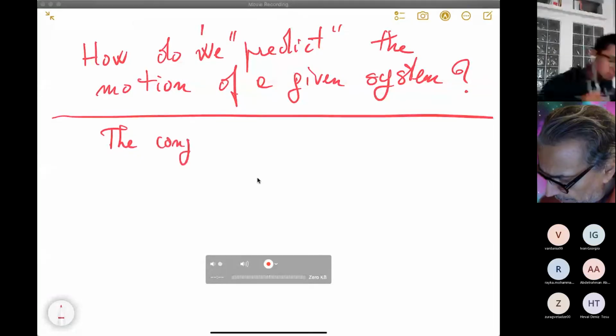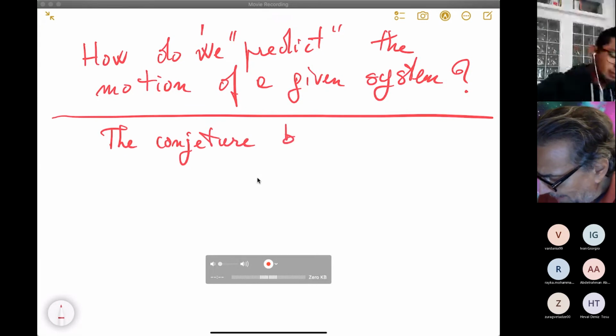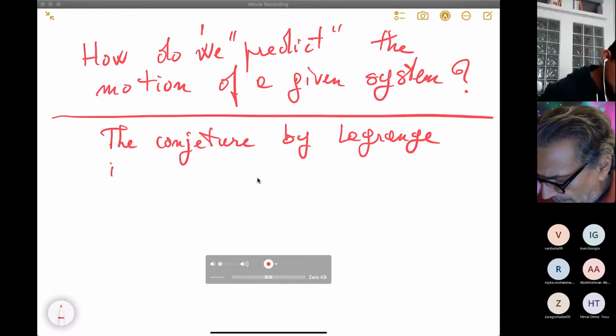The conjecture by Lagrange is the following.